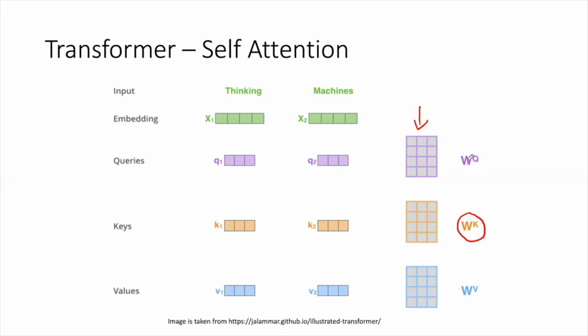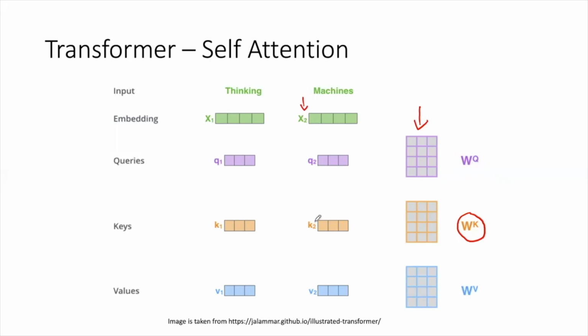There is only one single query, key, and value matrix for one block of self-attention. Irrespective of what x1, x2, or our inputs are, these matrices are fixed for this self-attention block.